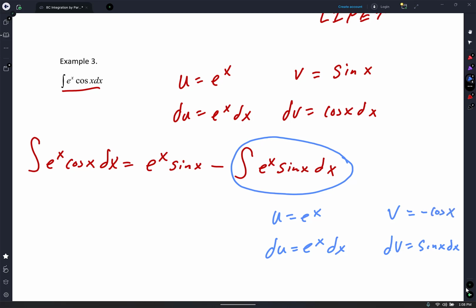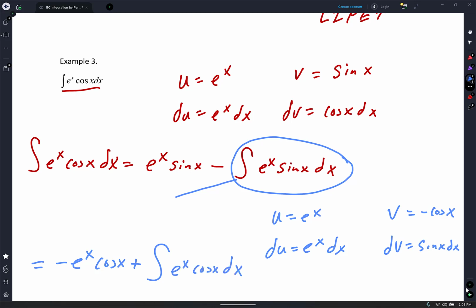Negative cosine x. So uv is negative e to the x cosine x, minus the integral of v du. Minus that negative, so it turns to a plus: e to the x cosine x dx.